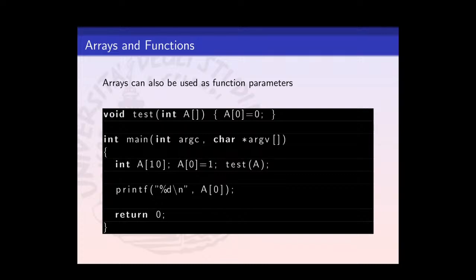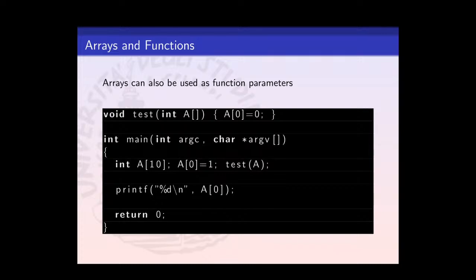Now, what would be the result of executing this code, since after the execution of test we try to print the content of the variable a? Can you guess it? Any guess? So can you guess the result of executing this piece of code?